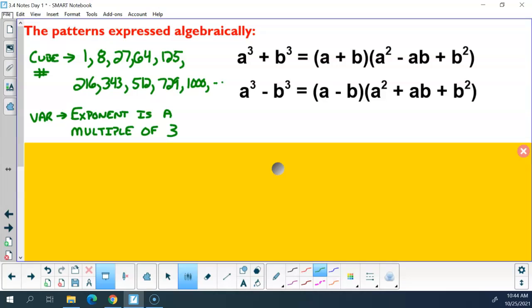Now, this sign right here, this operation, matches this operation right there. Those are both the same. It's opposite those two.